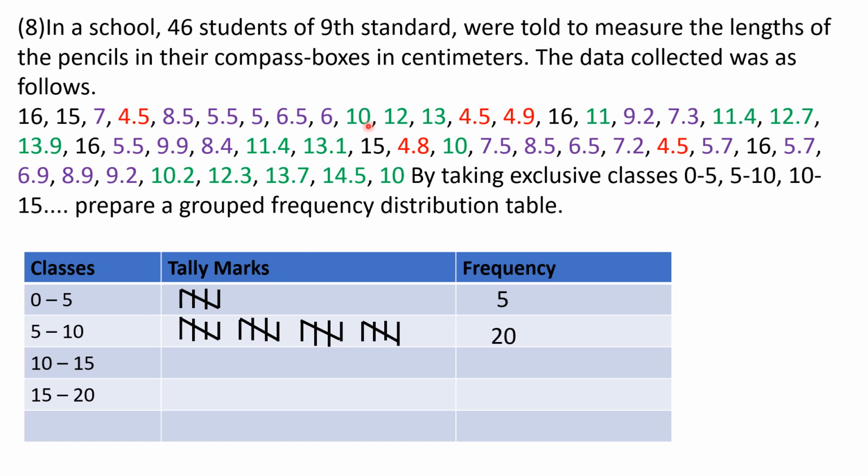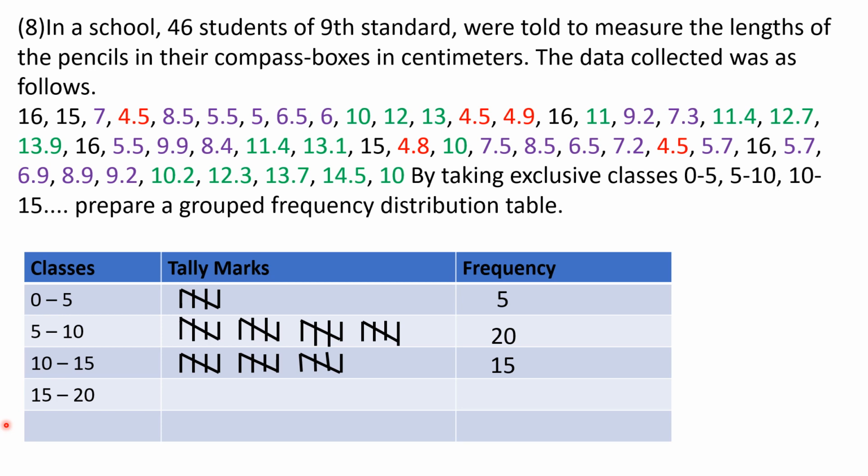So green: 1, 2, 3, 4, 5, 6, 7, 8, 9, 10, 11, 12, 13, 14, 15. So 15 observations are there. So we'll put 15 tally marks: 1, 2, 3, 4, 5, then a group of 5, then more 5. So 10, and 1, 2, 3, 4, 5 makes 15. So we'll write down frequency 15.